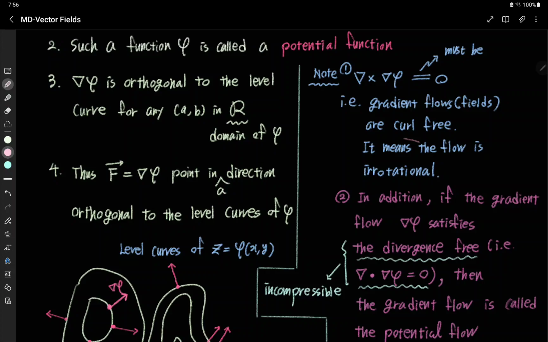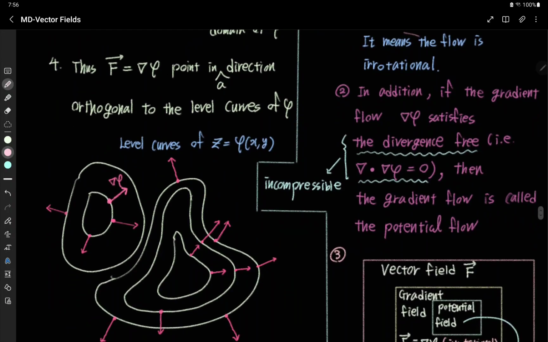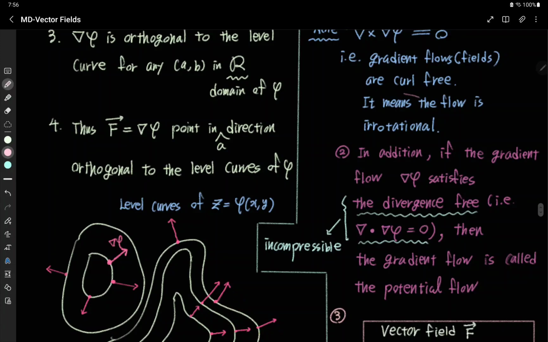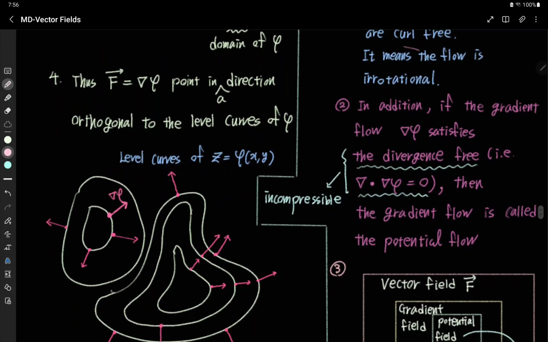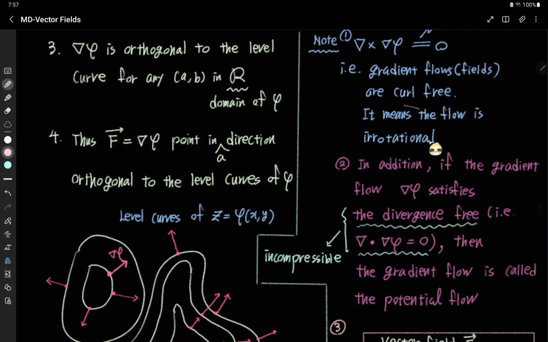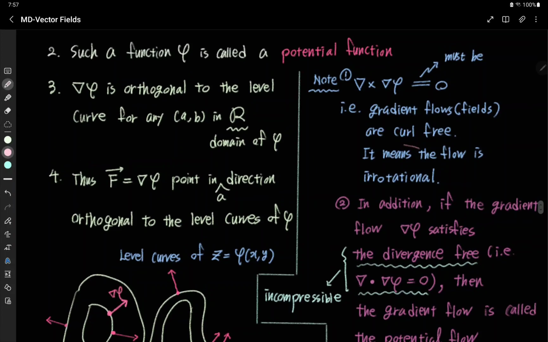It means that the flow is irrotational. For example, if these level curves represent the motion of an object, then the gradient field, these flows, represent the direction in which the object is moving. As you can see, we don't see any rotational flow in a gradient field, so there is no rotation of the object. That's what it means. The flow is irrotational, so this is called curl free.